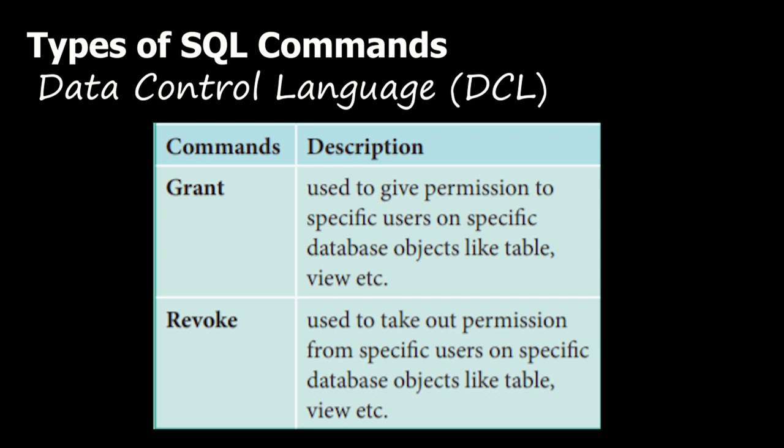In this data control language we have two commands, grant and revoke. Grant means this is used to give permission to specific users on specific database objects. Revoke means this is used to take out the permission from specific users on a specific database object. For example, if you are coming into the class, you ask, ma'am, may I come in?